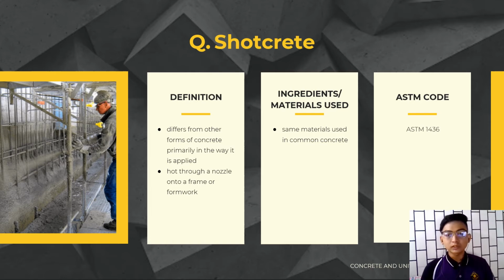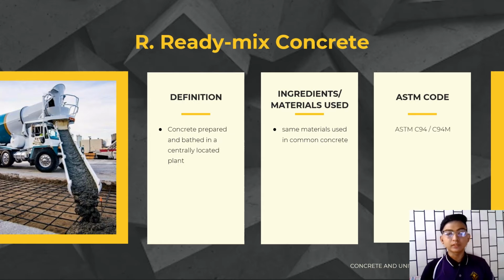So same materials used in common concrete. So, fine aggregates naman siya, no? Para mas madali rin dumaloy yung concrete dun sa hose natin, no? So, para hindi siya ma-stuck, no? So, with the ASTM code C1436. So, next is ready-mix concrete.